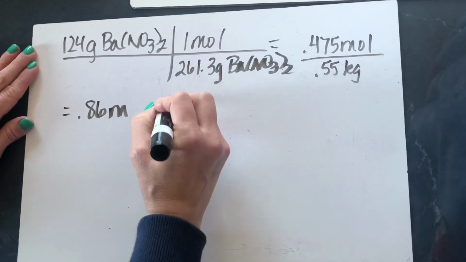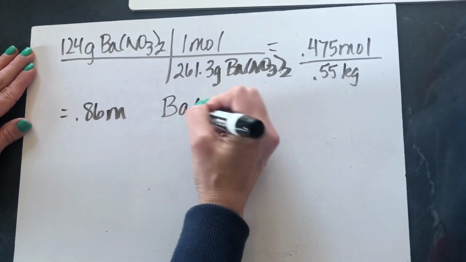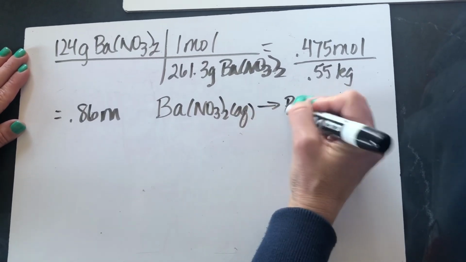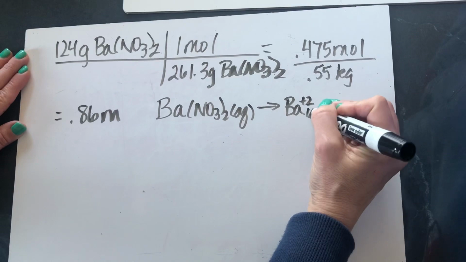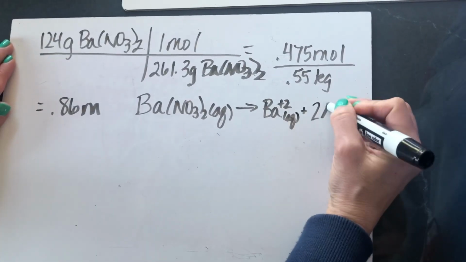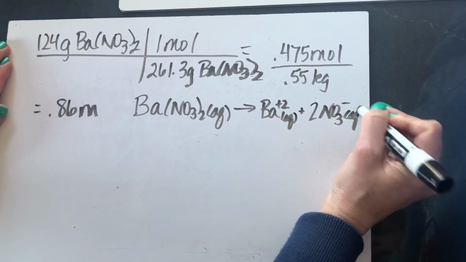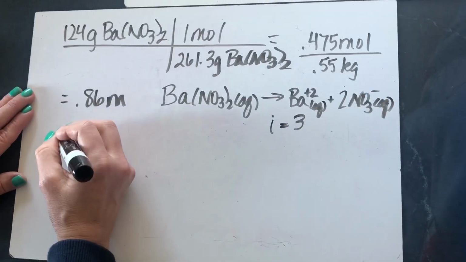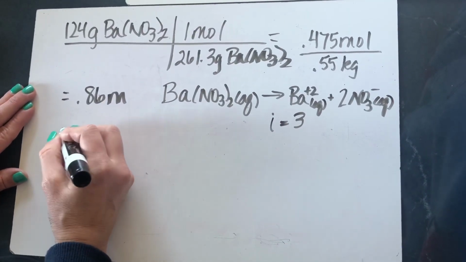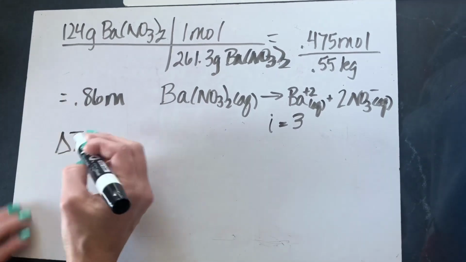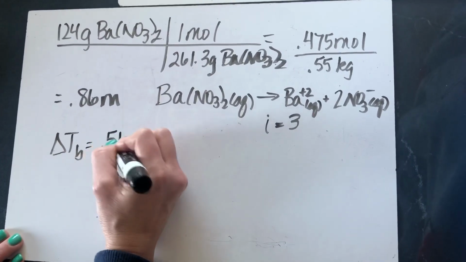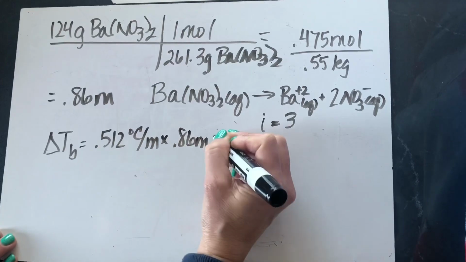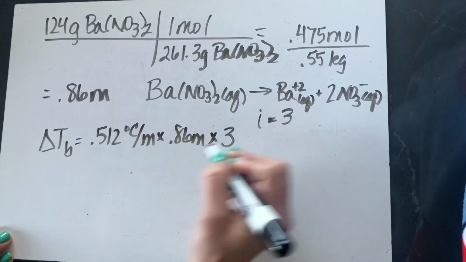Now our i value for barium nitrate is 3. Barium nitrate, when it dissociates, produces 1 barium ion and 2 nitrate ions. So our i value here is 3. So to figure out our change in boiling value, it's going to be our boiling point constant, 0.512 degrees Celsius per molal, times our molality of 0.86, times our i value of 3.